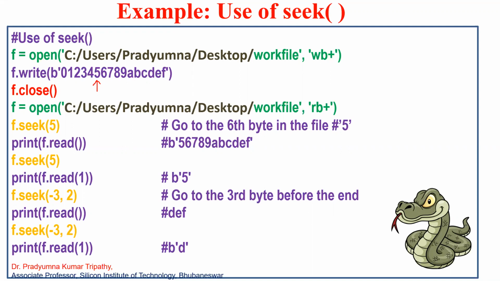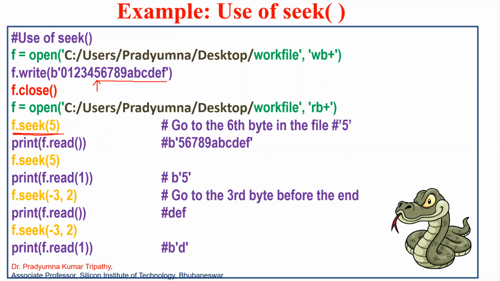As I have given f.seek(5), that means my file pointer will move 5 bytes. Just see over here, 1, 2, 3, 4, 5 bytes. So up to this, the file pointer has already read. That means whatever operation I do will be from the 6th location onwards. It is not from the 5th.